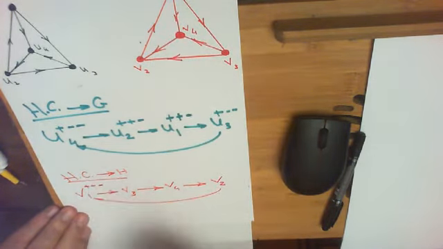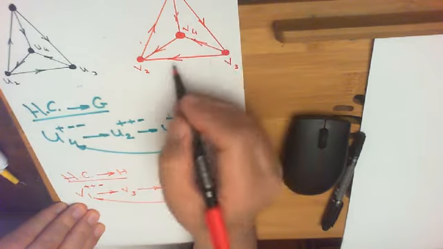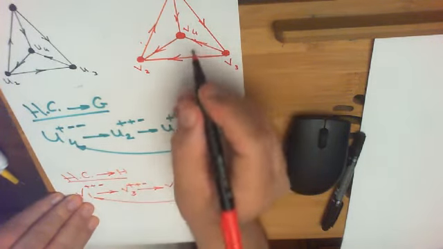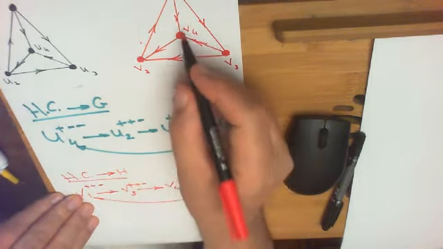What about V3? 1 in, 2 out. What about V4? 2 in, 1 out. What about V2? 2 in, 1 out.